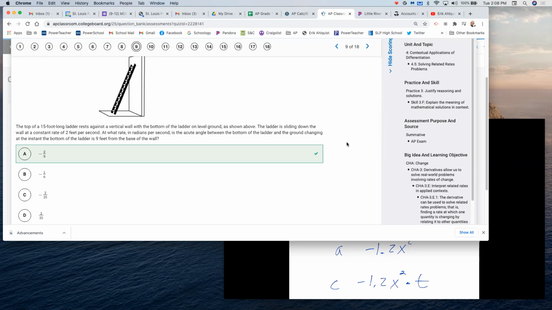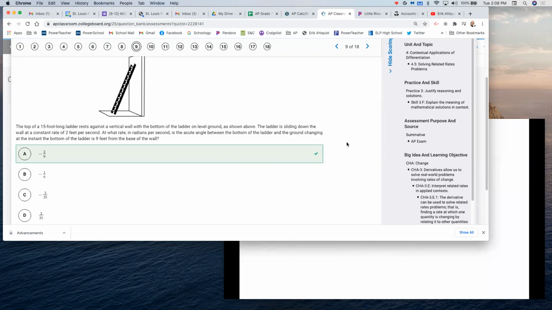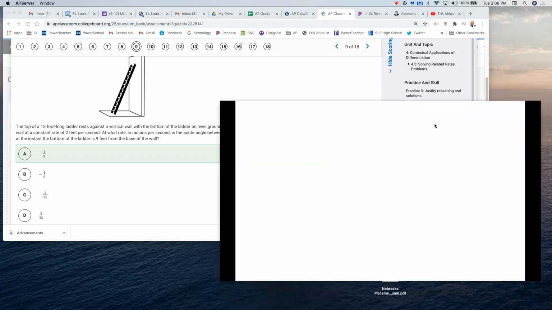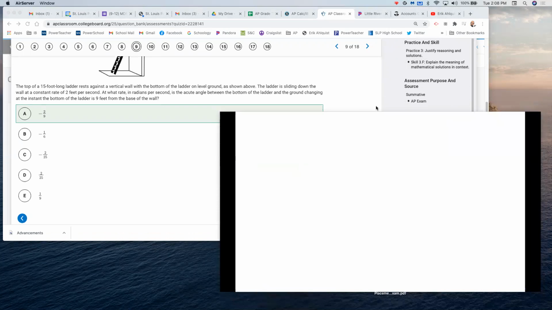Maybe I'll use an area formula, but that's where my bias would go. So if I draw this out and I start thinking about the pieces that I have on here, I have this picture that looks something like this, and it's a 15-foot ladder.